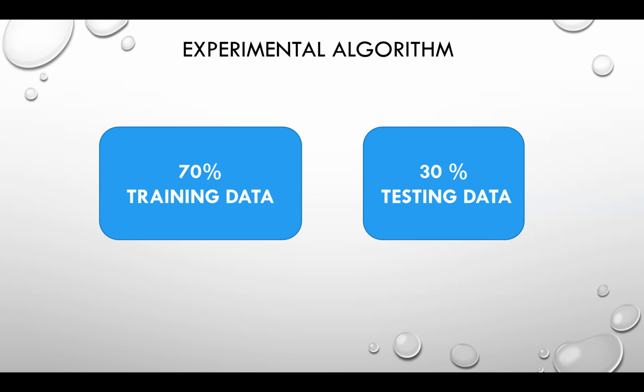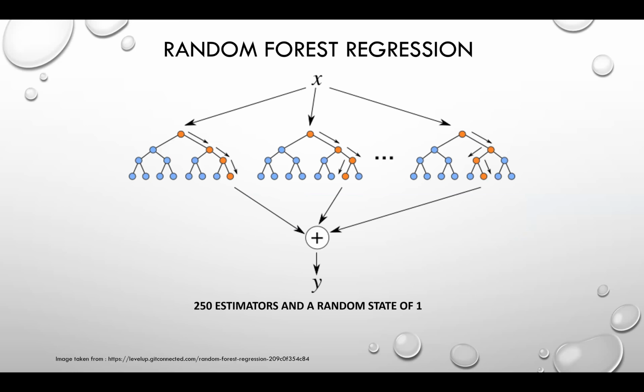So let's start with the first model that we used, the random forest regression. It's good to know that the random forest regression creates an ensemble of decision trees. Each tree is built using a random subset of features and training data. Trees predict the target variable using their selected features and data.